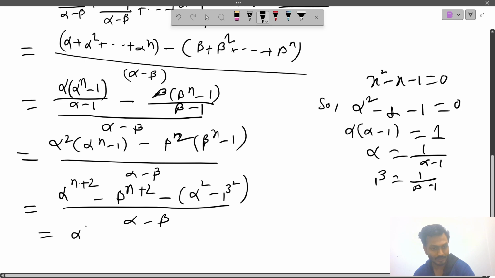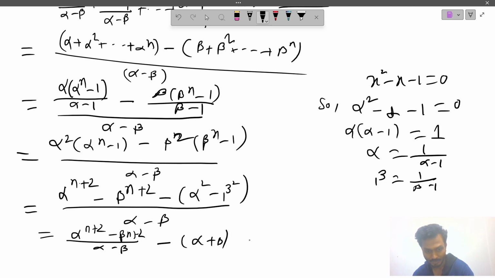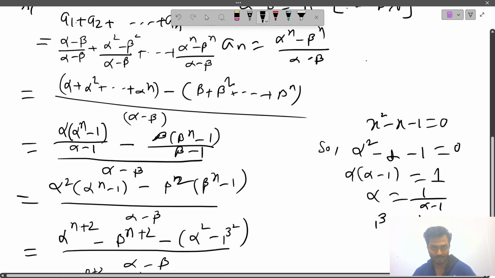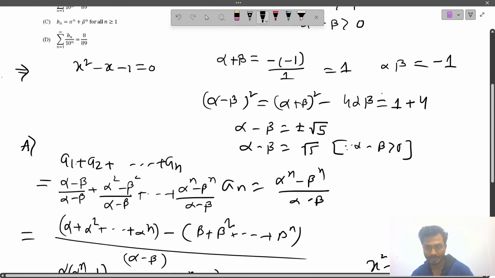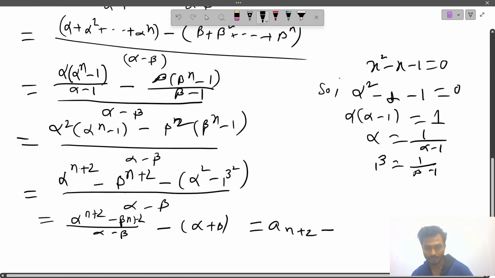Now this will be alpha to the power n plus 2 minus beta to the power n plus 2 divided by alpha minus beta, minus alpha plus beta into alpha minus beta divided by alpha minus beta, so we get alpha plus beta. From this definition, the first part is a(n+2), minus alpha plus beta. Here we calculated alpha plus beta is nothing but 1. So this will be a(n+2) minus 1.